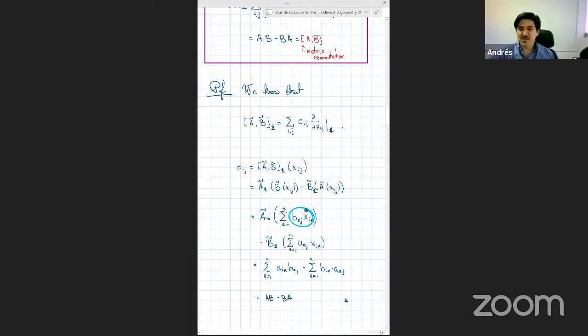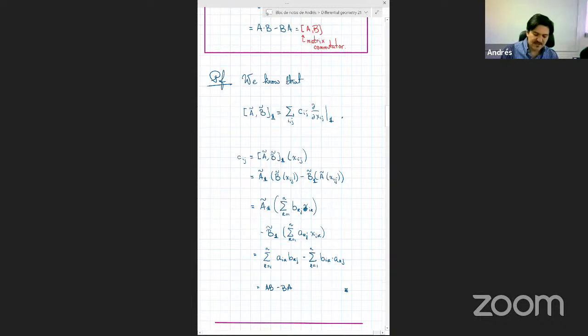Here, you might use the derivation property of the vector field, but remember that this is a constant function. So A enters, this is a constant, it goes out, and I will get only A tilde applied to this function.